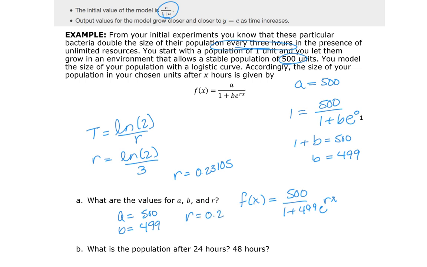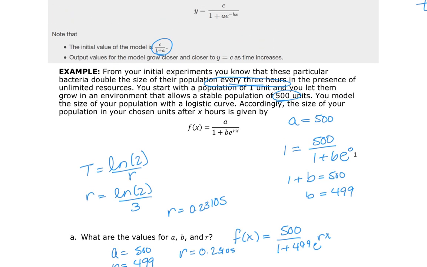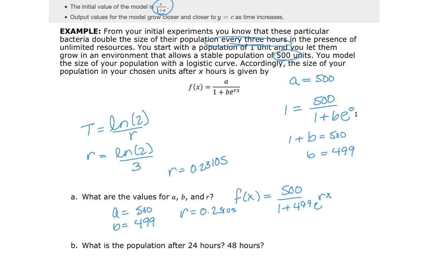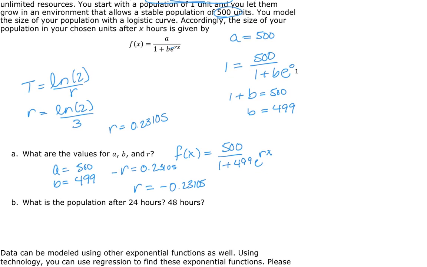Now remember, if we look at this, it needs to be a negative here, so this should be a negative r, so negative r is equal to that. So r is equal to negative 0.23105.